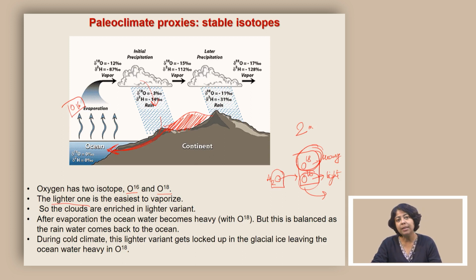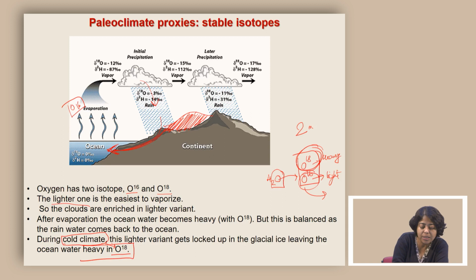And that is the primary principle people used to understand that in the cold climate, the lighter variant will be locked up in glacial ice, leaving the ocean water heavy in O18, and therefore, cold climates have been associated with rich O18 signature from the ocean. And this can be used by looking at the ocean water.